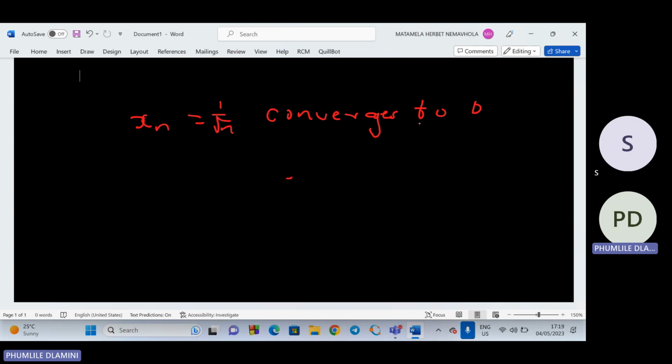I'm going to read it again: use the monotonic convergence theorem to prove that xn, which equals 1 over square root of n, converges to 0.